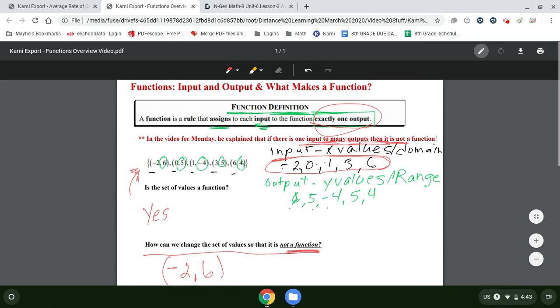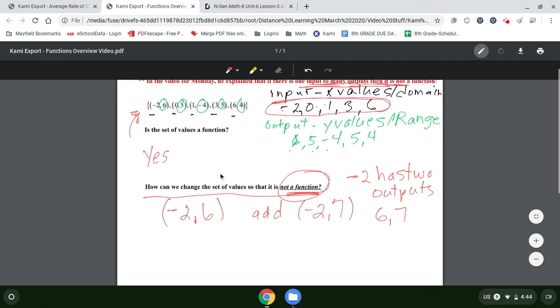But if I add a point -2, 7, now it's not a function because -2 has two outputs. Now -2 has an output of 6 and 7. So I added that, and that is no longer a function.